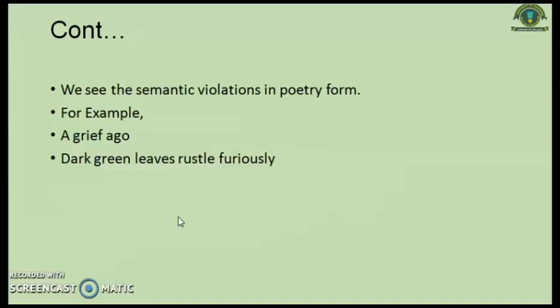Breaking the rules creates imagery desired. The fact that we are able to understand or at least interpret an anomalous expression and at the same time recognize their anomalous nature demonstrates our knowledge of the semantic system and even the semantic properties of the language.